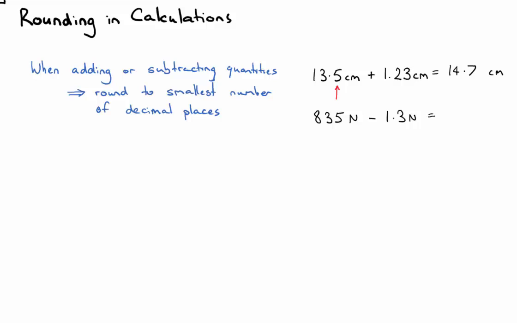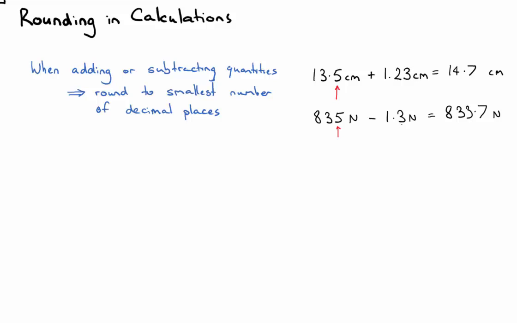So 835 minus 1.3 would give us 833.7 newtons. But again, we only know this number here to the units place, which is less precise than this one over here, which we know to the tenth of a unit place.